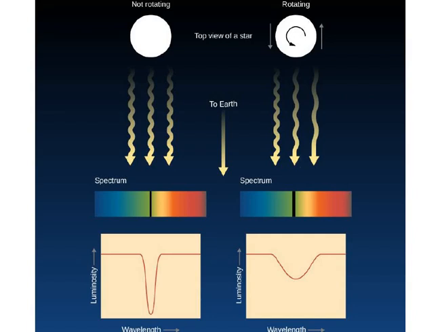Now this effect is known as line broadening, and in fact the amount of broadening can tell us the speed at which the star rotates.